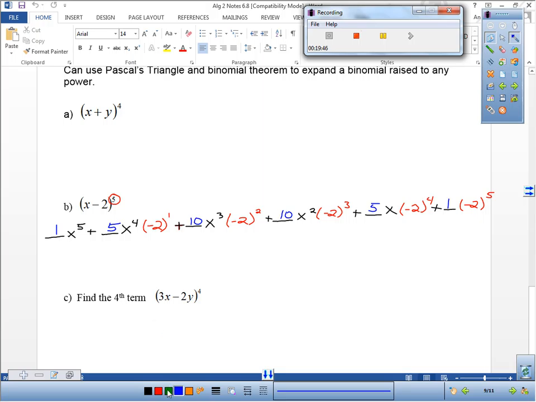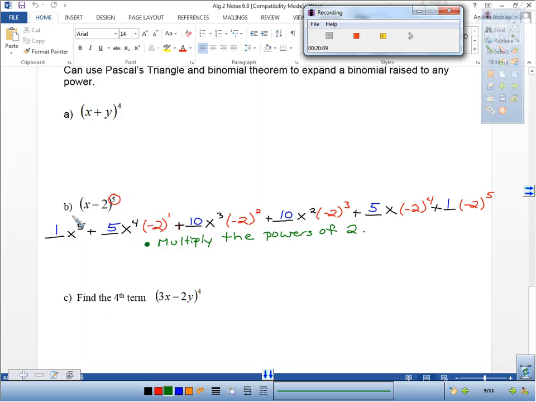But we're not done now. So now we have to multiply the powers of 2. So do all that powers of 2, multiplying it.